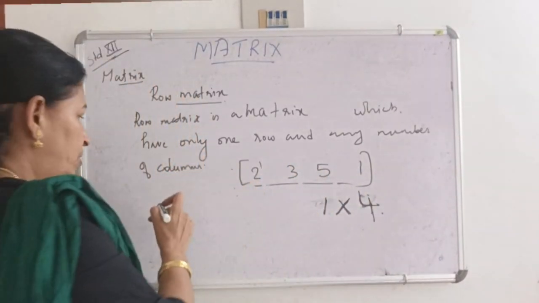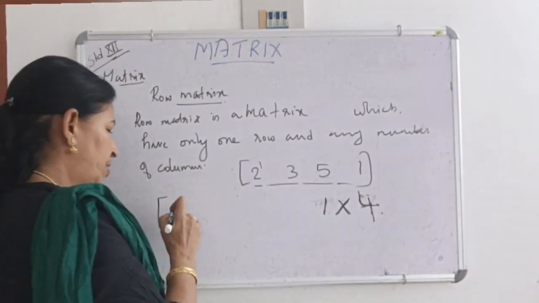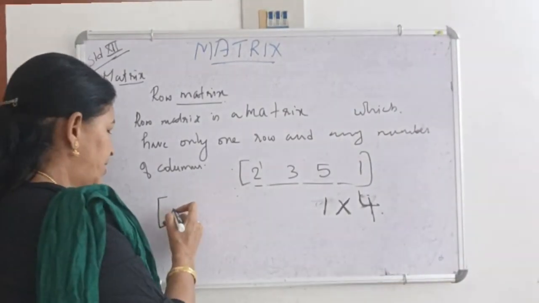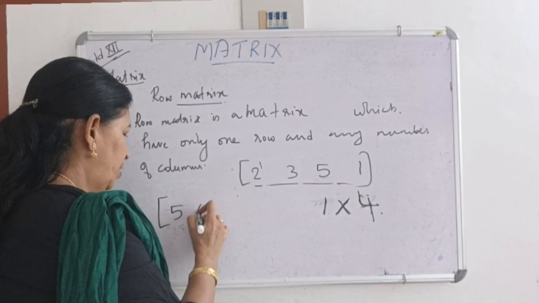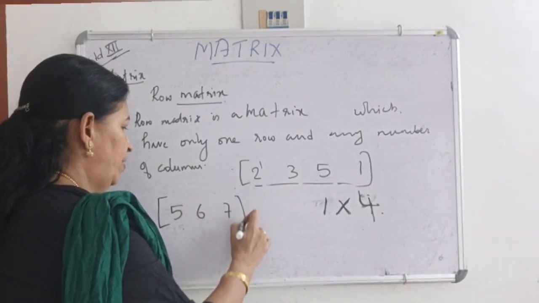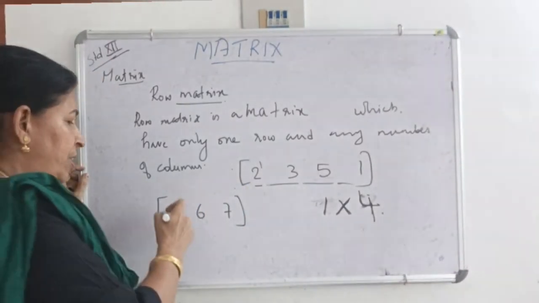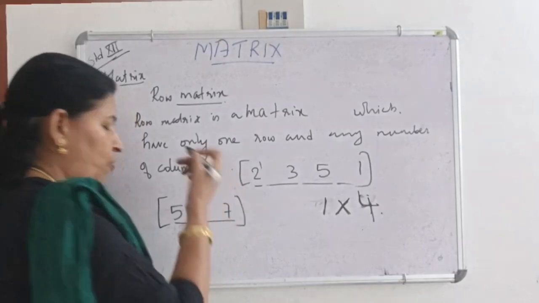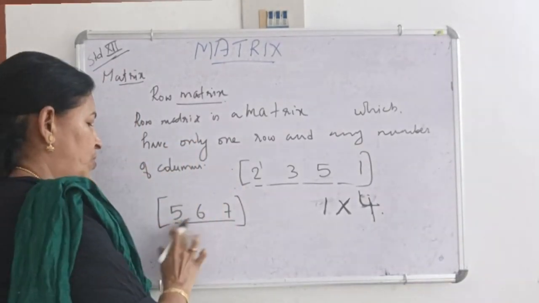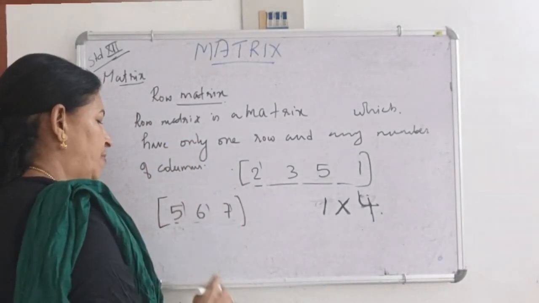Next, let us study another example: 5, 6, 7. Here there is only 1 row and 3 columns.